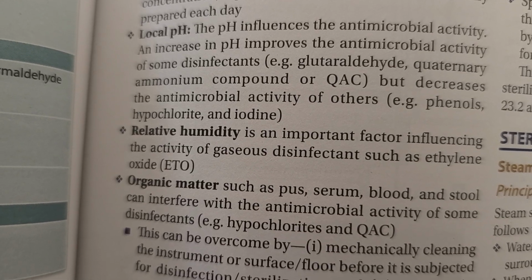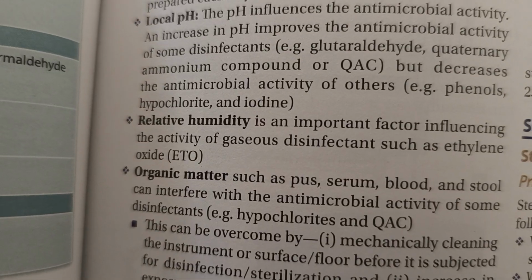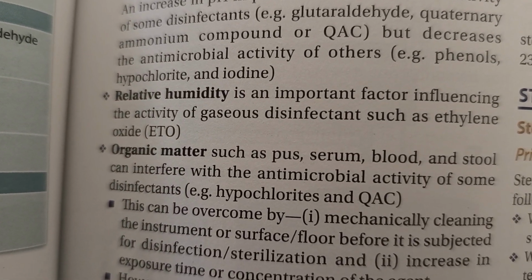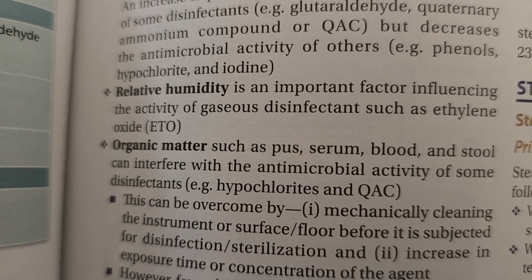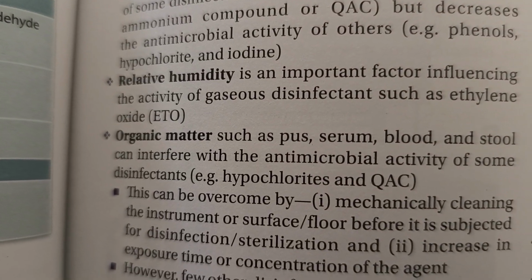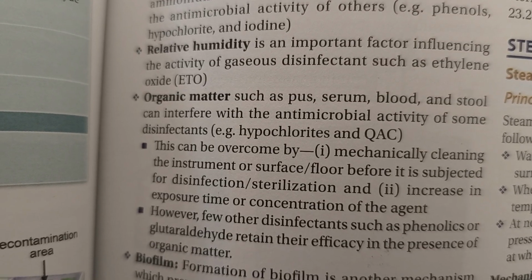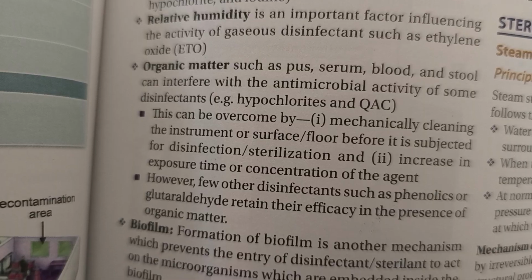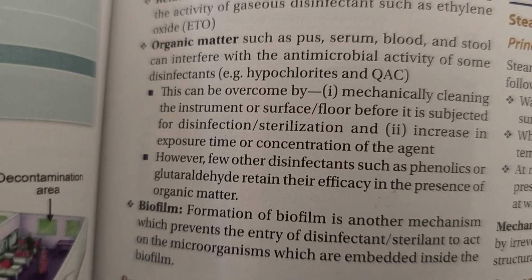An increase in the pH improves the antimicrobial activity of some disinfectants like glutaraldehyde and quaternary ammonium compounds or QAC, but decreases the antimicrobial activity of others, for example phenol, hypochlorite and iodine. Relative humidity. It is an important factor influencing the activity of gaseous disinfectants such as ethylene oxide.